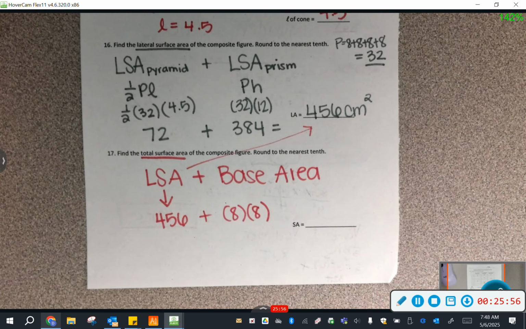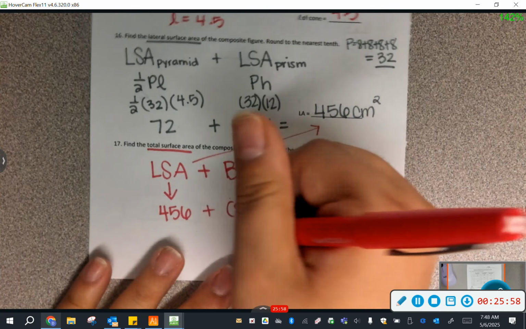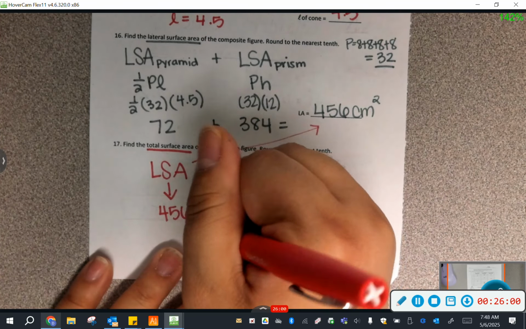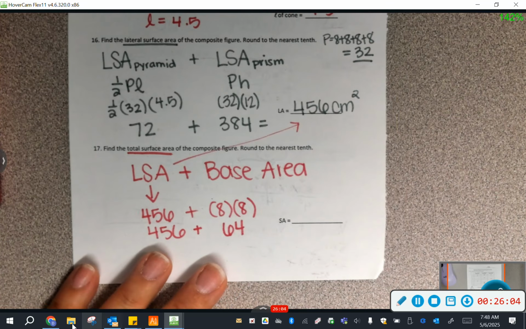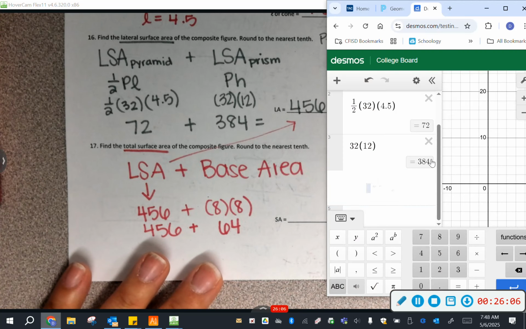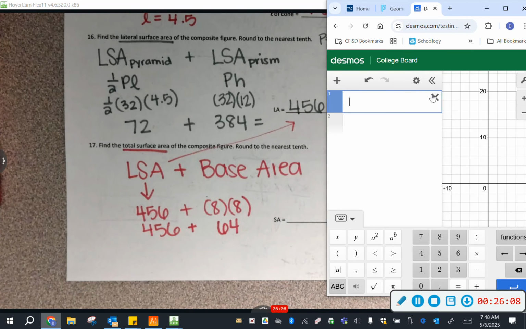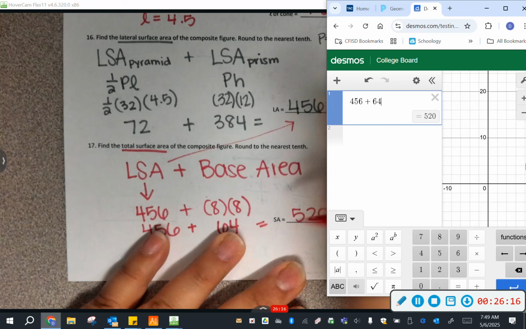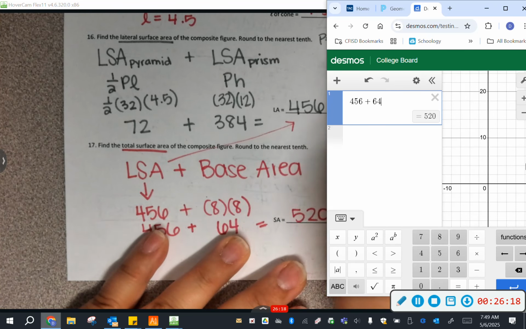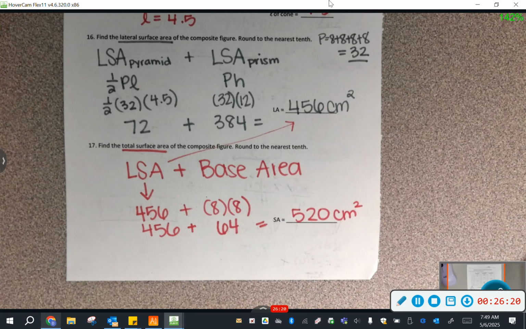Well, what's 8 times 8? 64. So what am I going to do with these two numbers? Add them together. What is 456 plus 64? 520 is my total surface area. And it will be centimeters squared because it's still area.